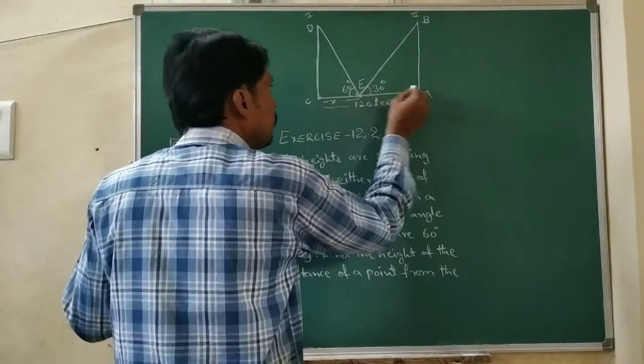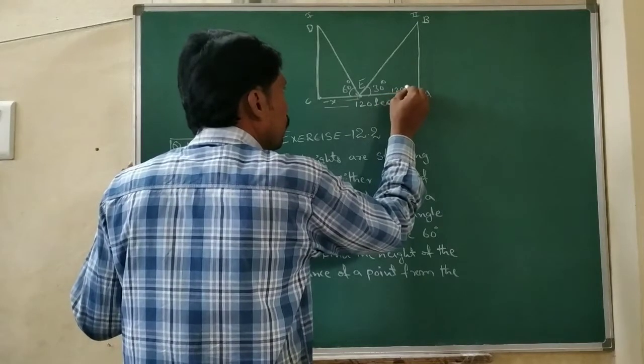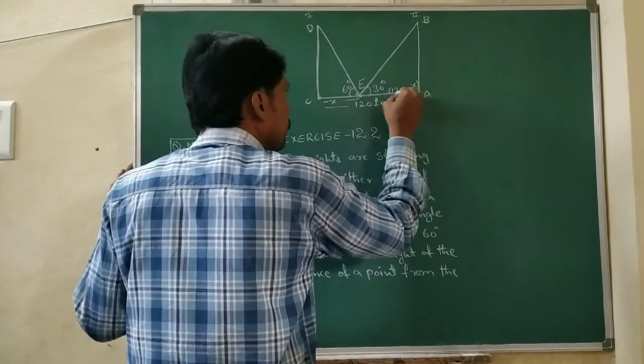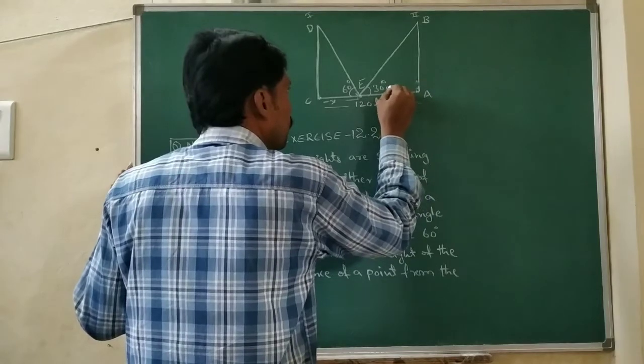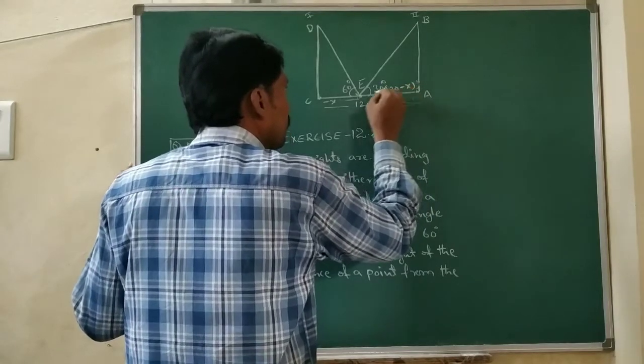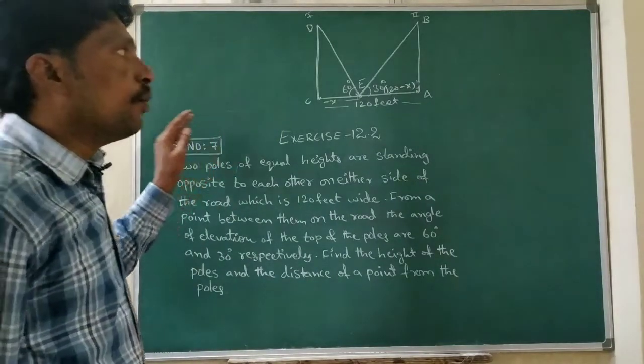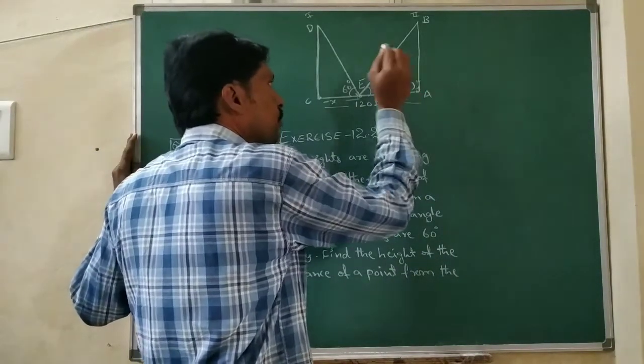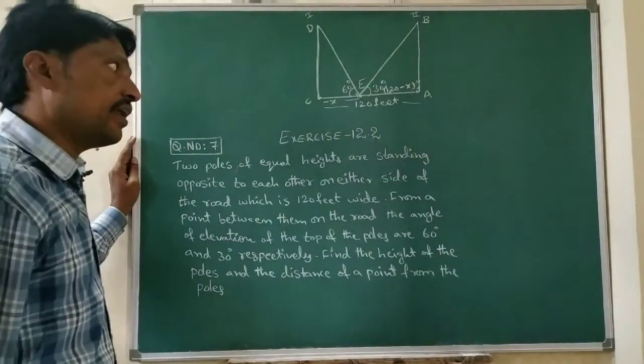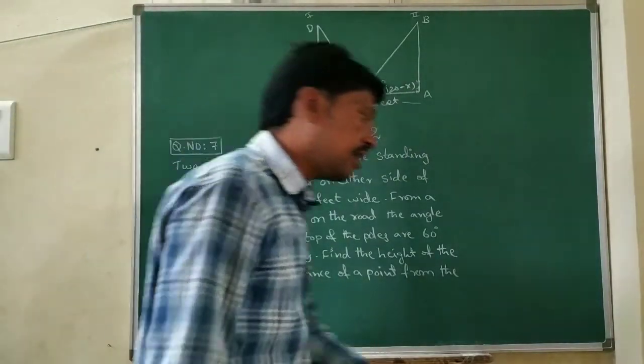What about E to A? That is 120 minus x. The distance between point E and the second pole is 120 minus x feet. So let us see the solution.